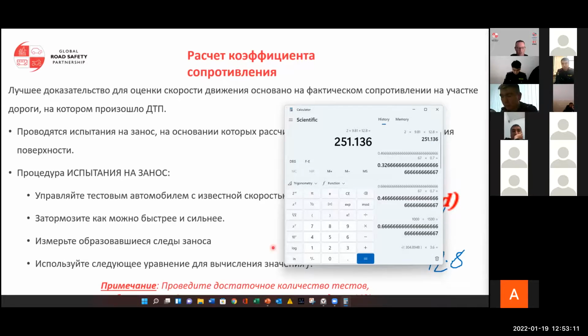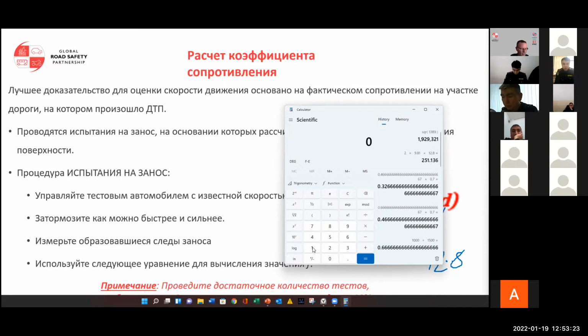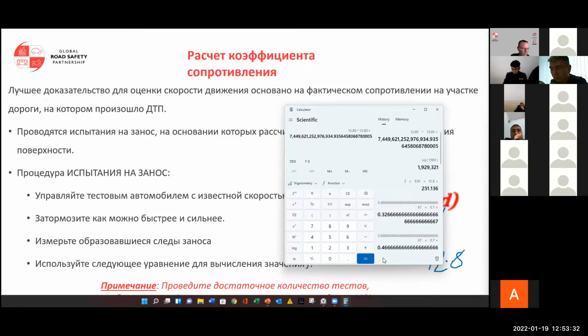Velocity squared, 13.89 squared. Oh, I didn't do my point, did I? 13.89 squared equals. I pressed the wrong one. I'm going to do this instead of x squared. The calculator knows BODMAS.